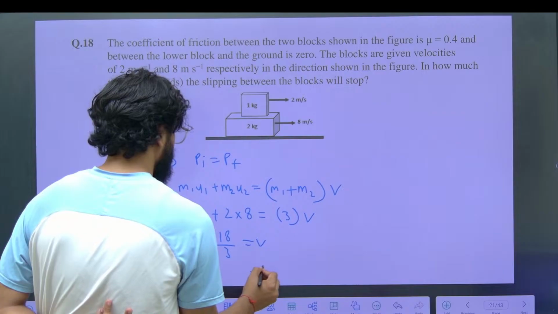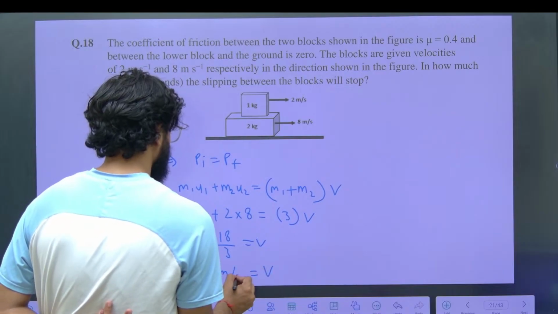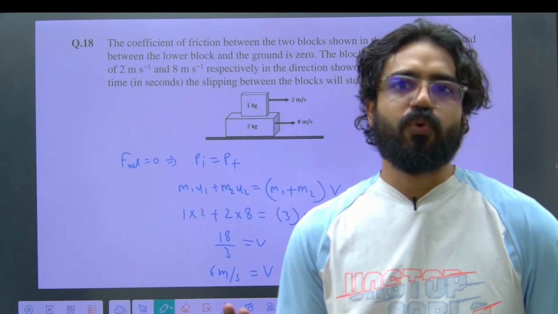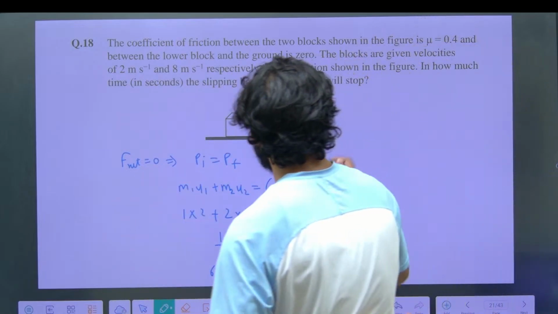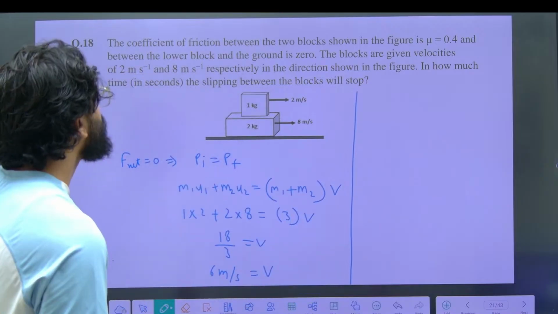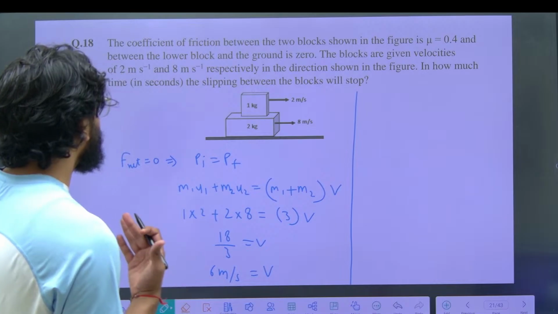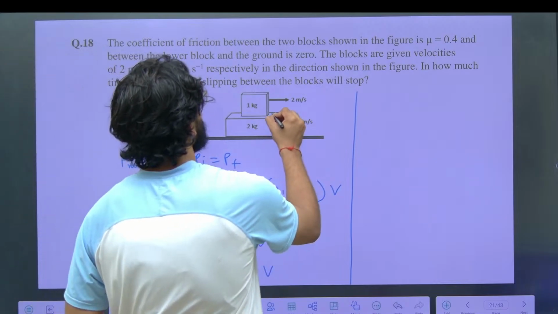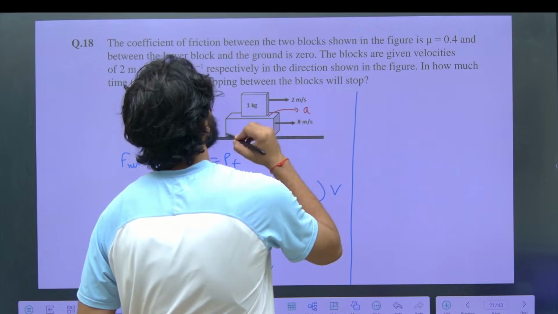So when V will be 6 meter per second, then friction will stop working because both of them will move together. Relative slipping is 0. So friction will be happy and it will stop applying, right? So after how much time will the slipping stop? What will be the acceleration?